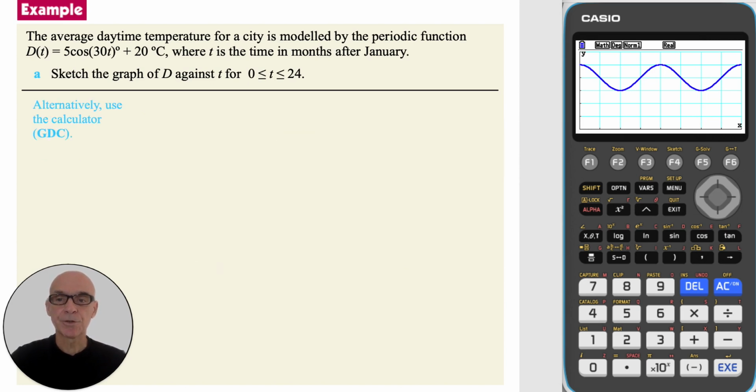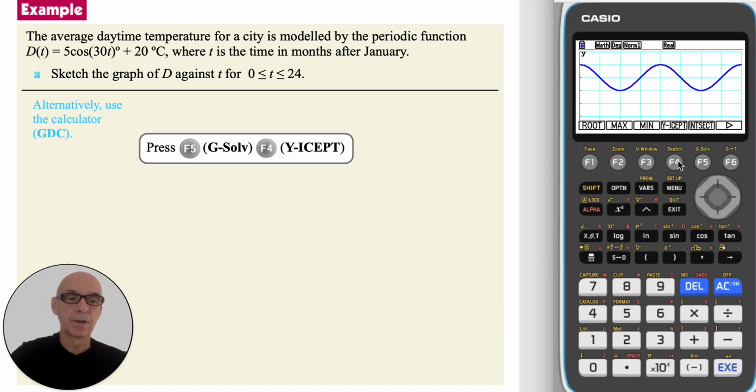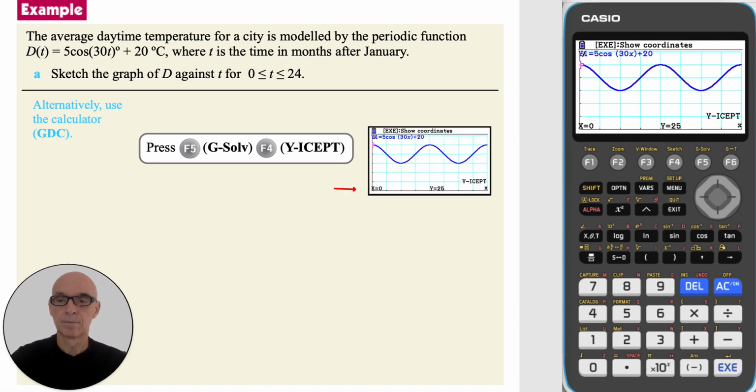Alternatively, you can use the calculator. Press F5, G-solve, then F4, y-intercept. Write down the value of y, which represents d. As before, the value of d is equal to 25.